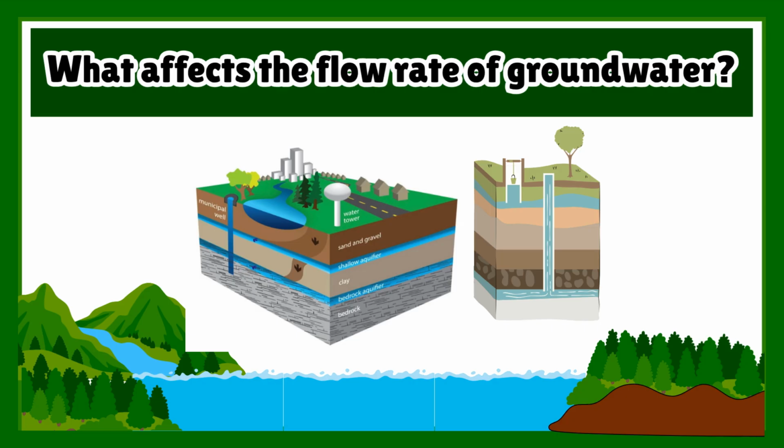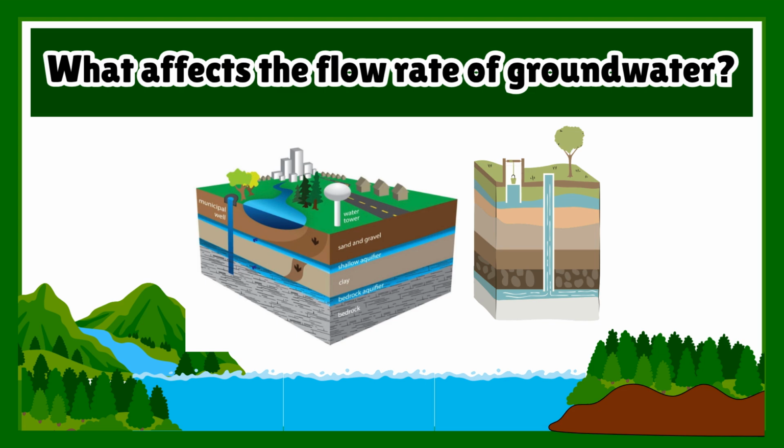Another factor is the porosity, which means how much empty space there is in the ground for water to fill. And the slope underground also matters because water moves from higher areas to lower areas, so a steeper slope can make the water flow faster.